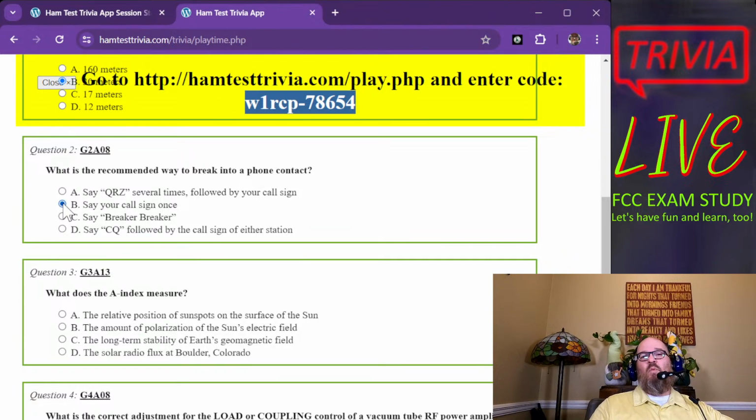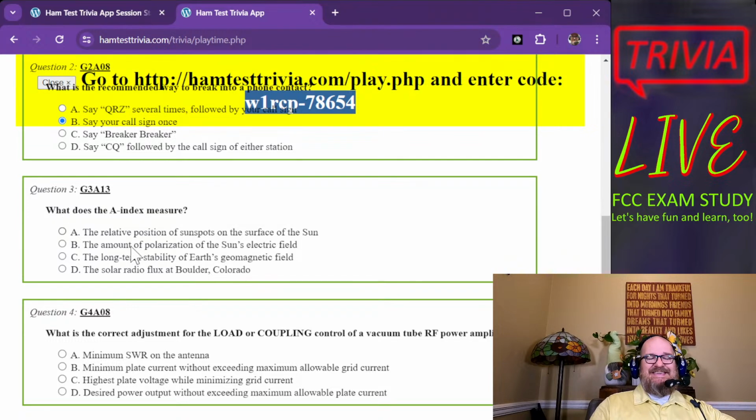Say your call sign once. Try to catch them in a break if you can. If you can only hear one side of the conversation, then most likely, if you say your call sign once, the person who can hear you is going to let the other person finish before they acknowledge your presence.